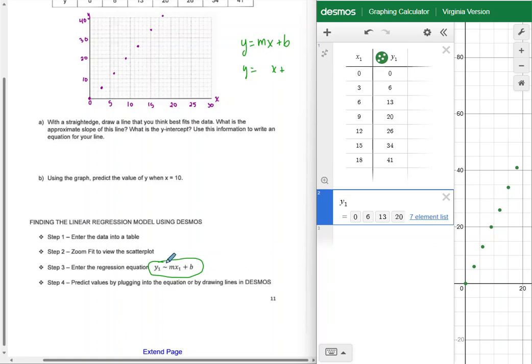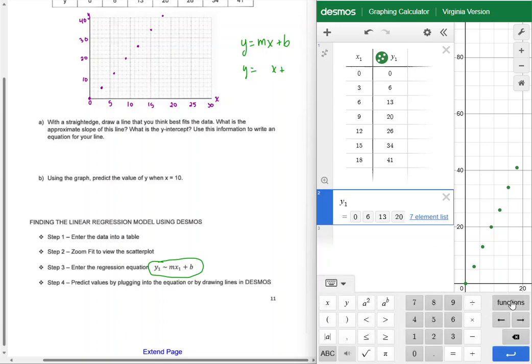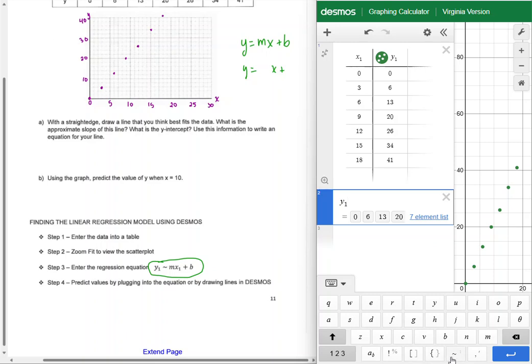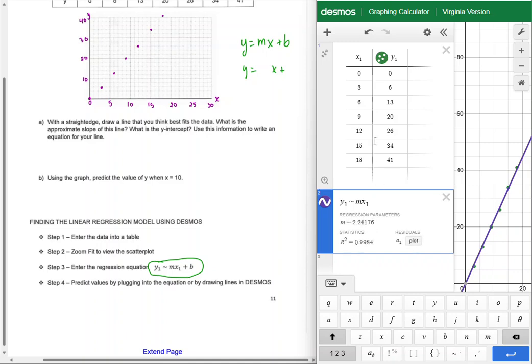And this is the symbol we have to use to tell Desmos to do the regression. It's in the ABC keyboard, right here, this little tilde. Or you can find it on your keyboard under the escape button. And I'm going to type m, x1, because I want Desmos to read these values here, and then plus b. And there you go.